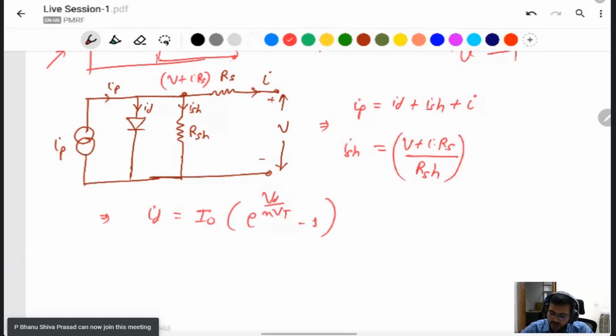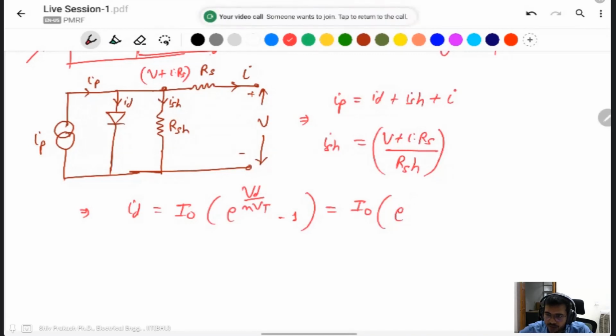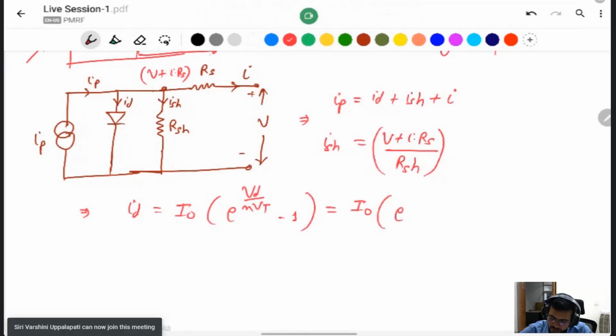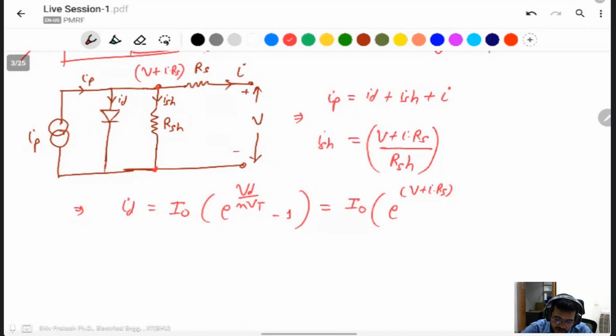So like a VD, voltage across the diode, and here voltage across the diode is V plus I into RS. Then you can replace this VD: I naught into e to power V plus I into RS, divided by NVT. This voltage is the same as this voltage, the voltage across the diode. This one is the diode current.